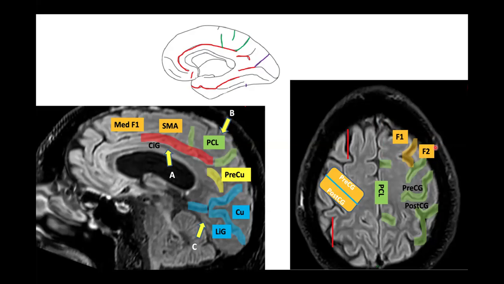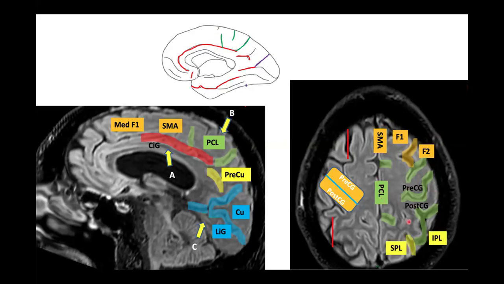On the medial surface, you will see the supplementary motor area. So you see the anatomy on the lateral surface, F1, F2, and on the medial surface, the SMA. On the lateral surface, precentral and postcentral; on the medial surface, the paracentral lobule.